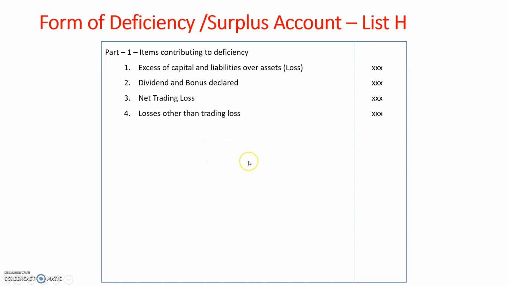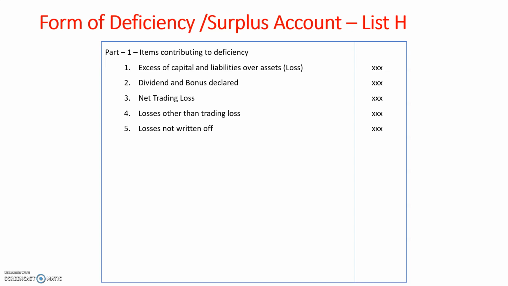Then losses other than trading loss, like speculation loss or fine or penalty imposed by any authority. That type of losses, if incurred, should be included. Then losses not written off. After the decision was taken for liquidation, while realizing the assets, there may be certain reduction in the value of assets.